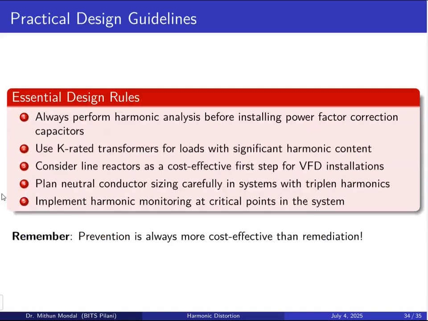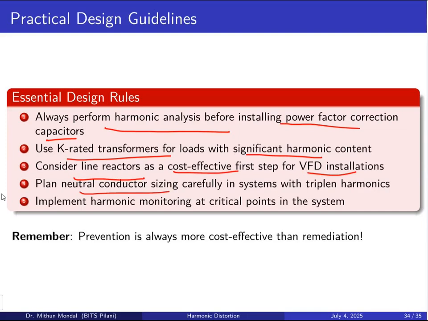So we have the practical design guidelines. Essential design rule is always perform the harmonic analysis before installing the power factor correction capacitors. Use the K-rated transformer for loads with significant harmonic content. Consider the line reactor as a cost-effective first step for VFD installation. Plan neutral conductor sizing carefully in systems with triplen harmonics, and implement harmonic monitoring at critical points in the system.